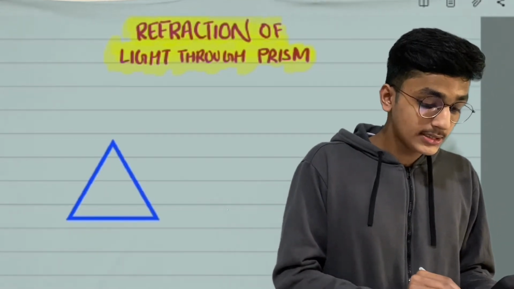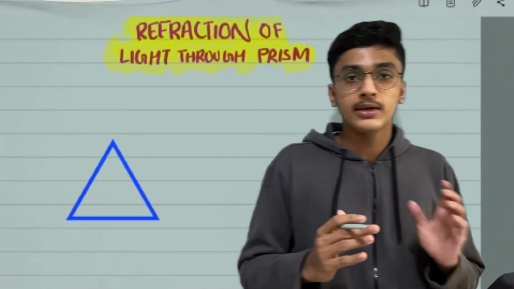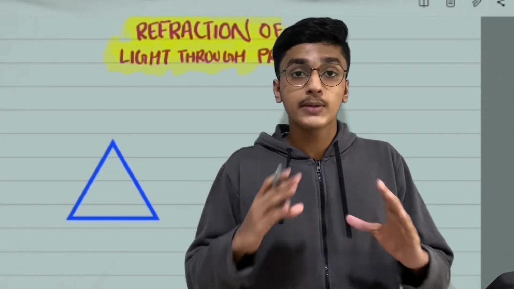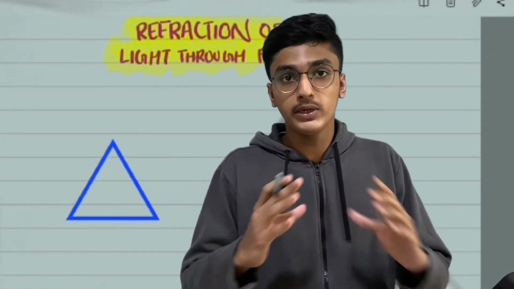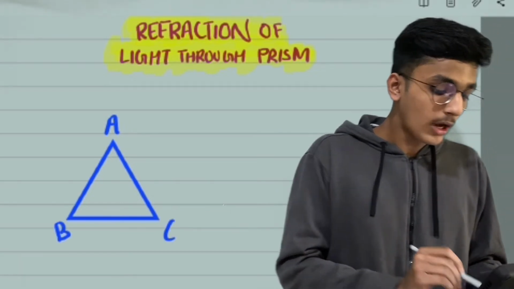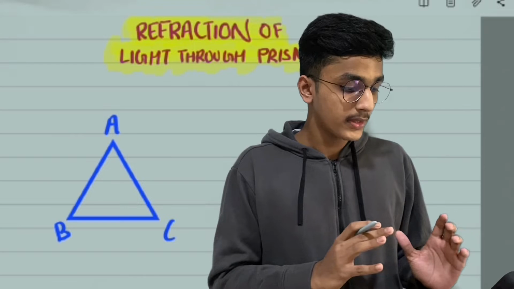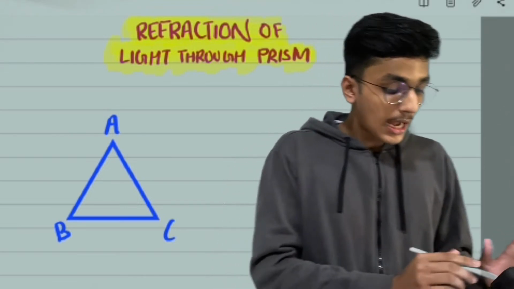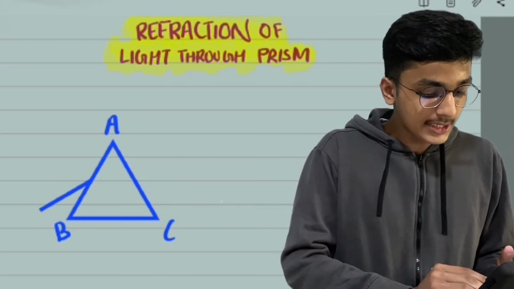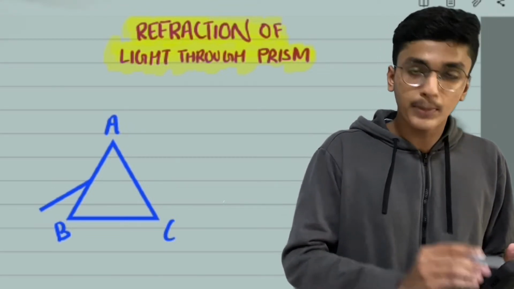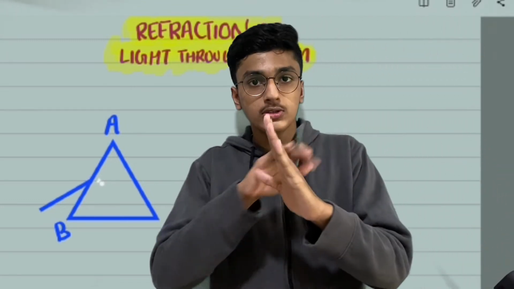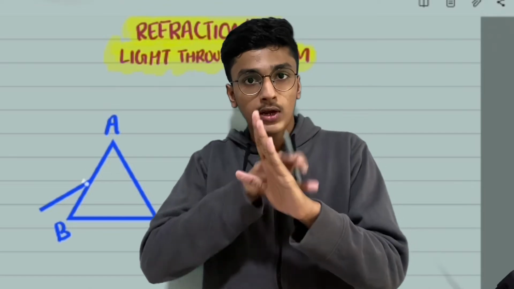A triangle is the shape we are referring to in this part because it makes our representation simpler and convenient. So let's start. I have drawn a triangle here. In this triangle, I'm going to incident a ray of light on one side of the triangle.